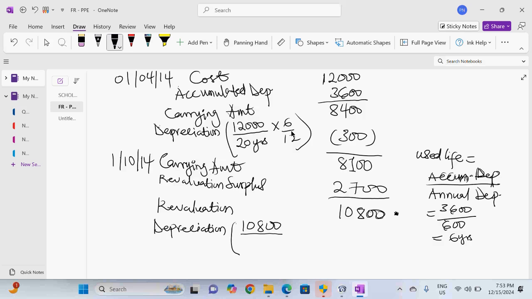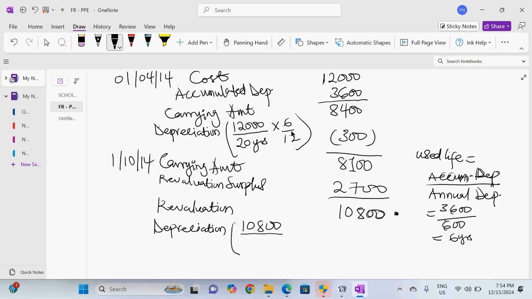Now that we have the 6 years, when did we start using the assets? So let's look at the date. From July to when was the revaluation?